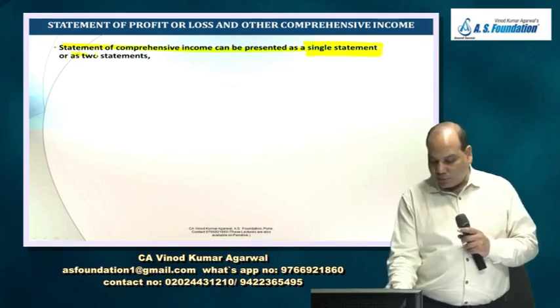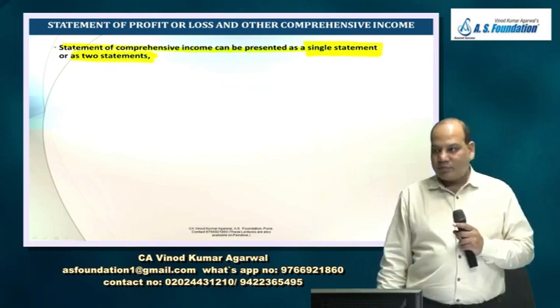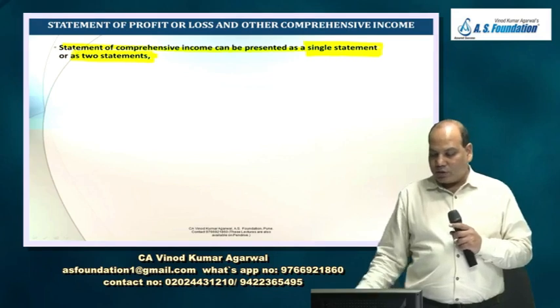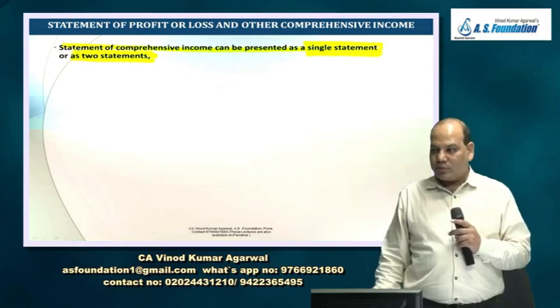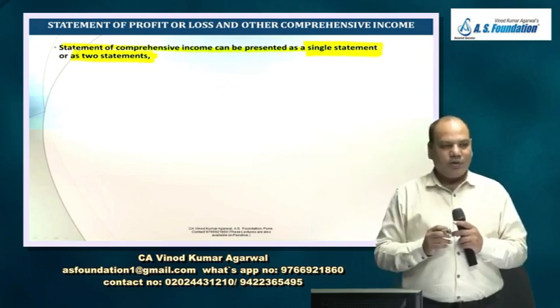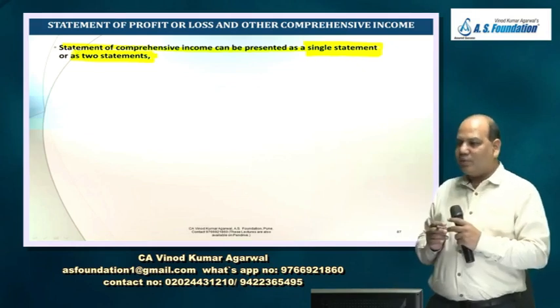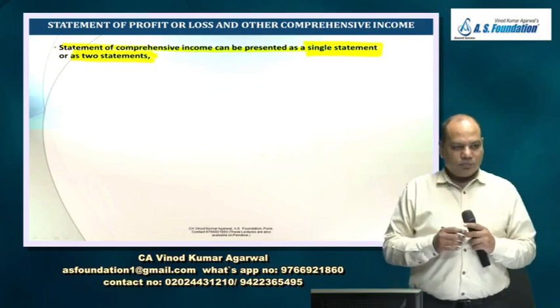Or you can prepare two statements. First statement will be statement of profit or loss, and second statement will be statement of profit or loss and other comprehensive income, where the profit after tax of the first statement will be transferred to the next statement and all OCI items will be written.